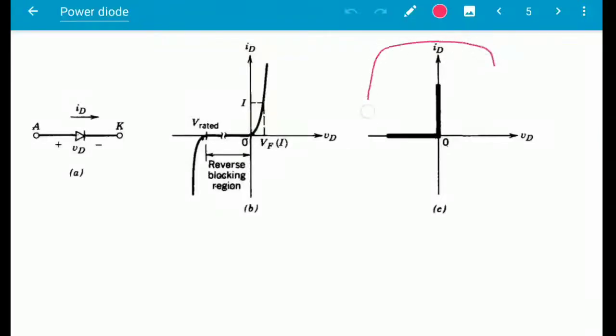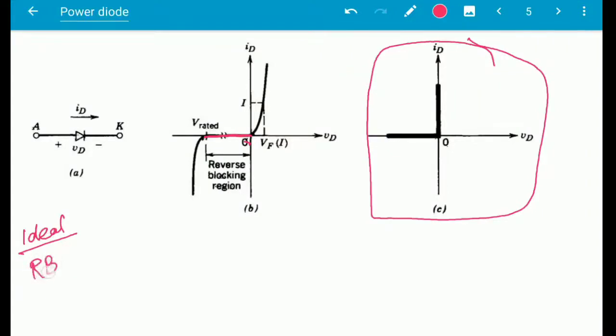Next is important because in 2013 GATE it was asked: the ideal characteristic of a diode. Ideal characteristic how? If there is no leakage, current will flow, and if there is no breakdown in the reverse bias condition, that is the ideal.